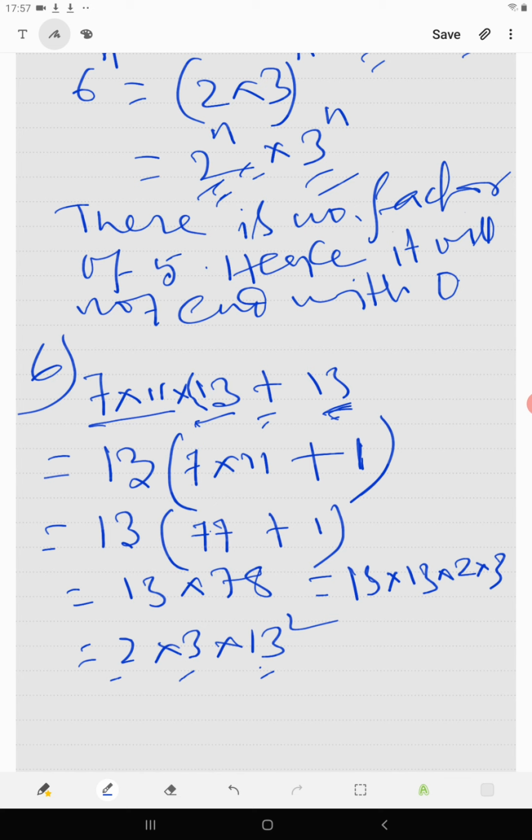Hence the given expression is composite and not prime.